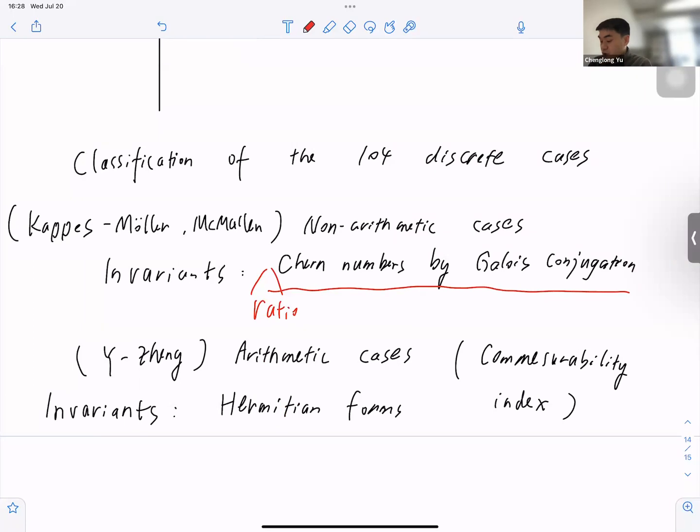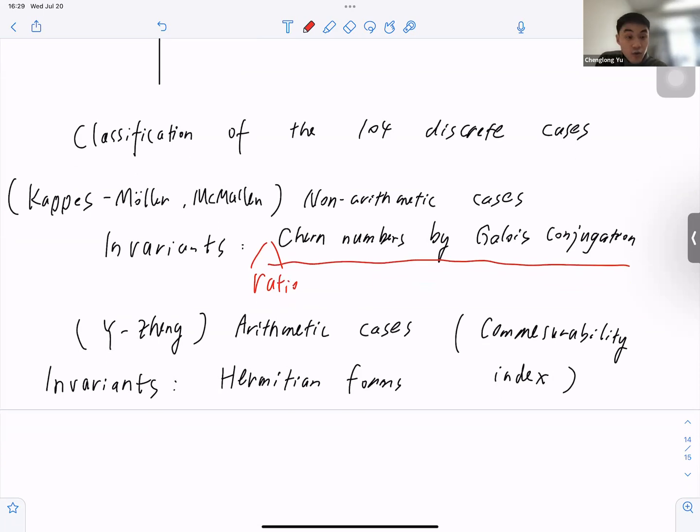And our approach for the commensurability relations, instead of just considering the arithmetic groups or the Hermitian forms, is that our commensurability results also obtain some commensurability index or bounds for the commensurability index for those groups. Right, that's all I want to report today.